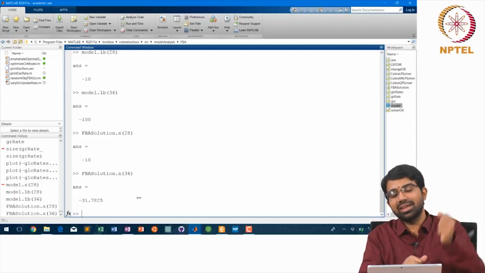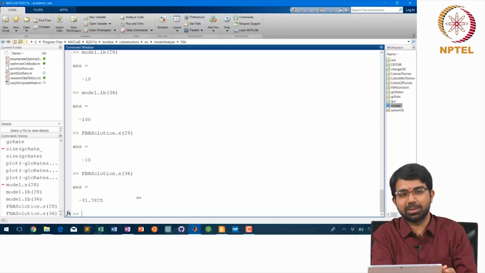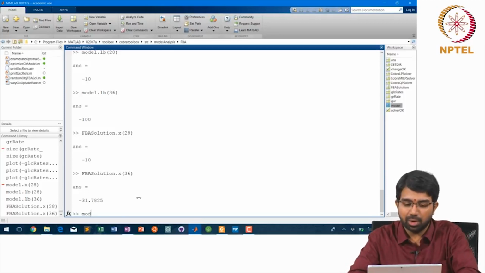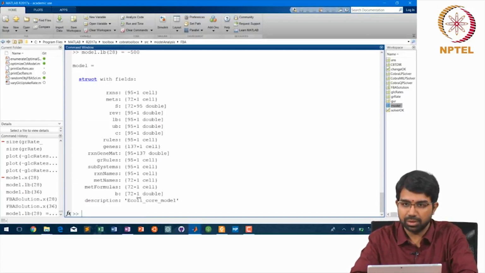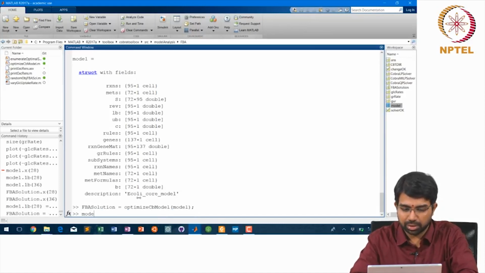It can take it for 10, it needs only this much oxygen, but now if you say model.LB 28 equals minus 500, okay, and now let us say FBA solution is optimized for the model.